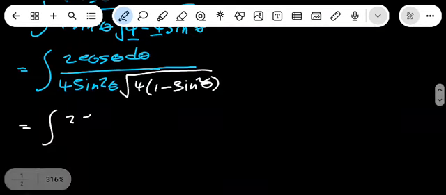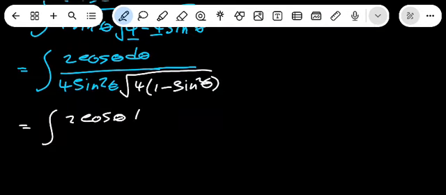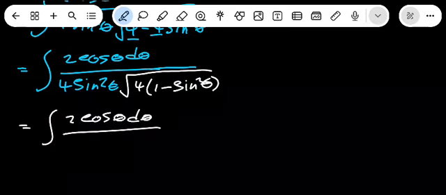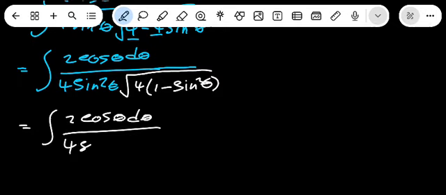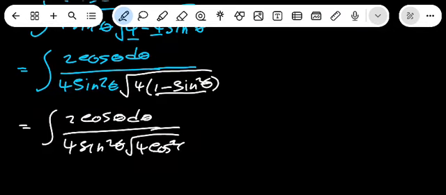The integral of 2 cos theta d theta divided by 4 sine squared theta. This is the same as, applying our trig ratios, we know that 1 minus sine squared theta will be cos squared theta. So we'll have the square root of 4 cos squared theta.